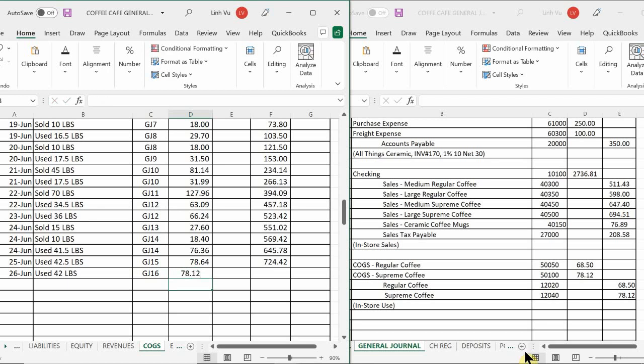For 78.12. So my ending balance here is going to be $802.54.